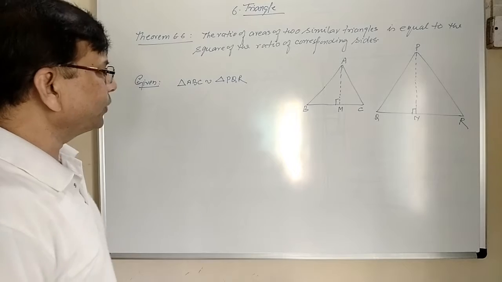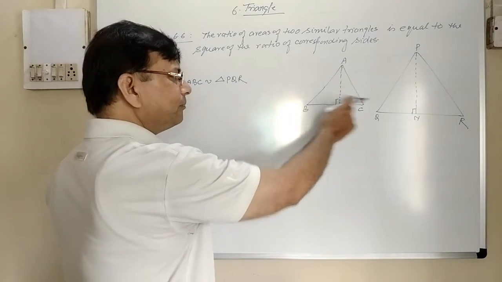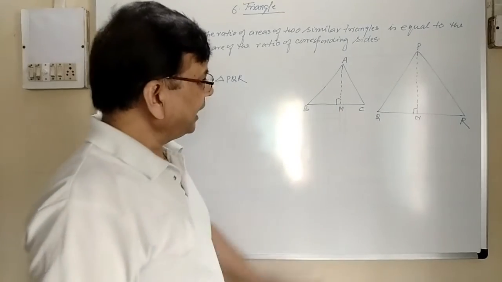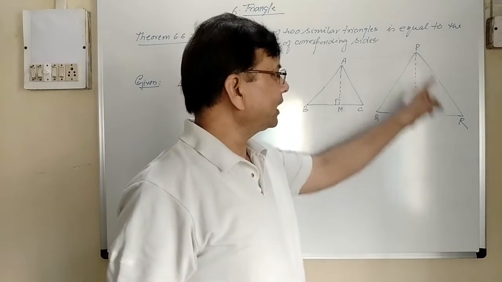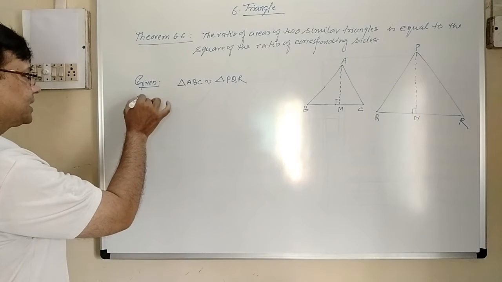It is given. So what I will do, I will draw a perpendicular from A to BC, that is AM, and from P to QR, that is PN. So construction. Some constructions we are doing.